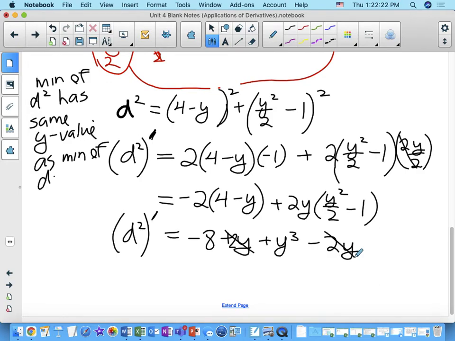So if I want to figure out where this is at a minimum, I just set the derivative of d squared equal to 0 and solve for y.